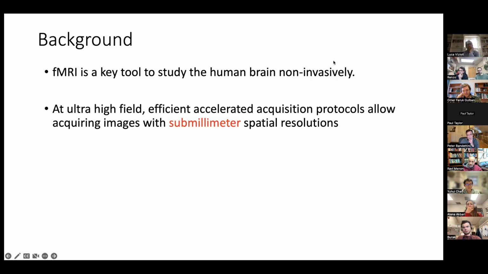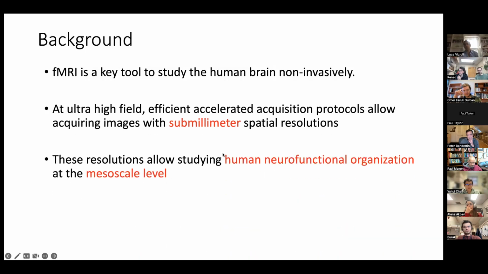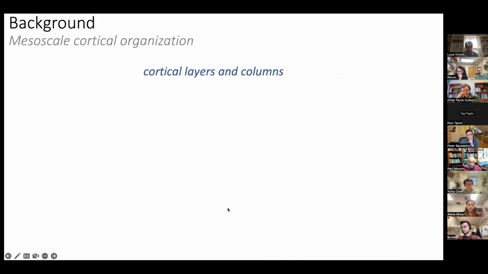And obviously, we all know that with highly efficient accelerated acquisition protocols, we can acquire images with sub-millimeter precision, and that this nominal resolution allows, at least in principle, to study human neurofunctional organization at the mesoscale level, targeting some of the most fundamental units of neural computation, like layers and columns.